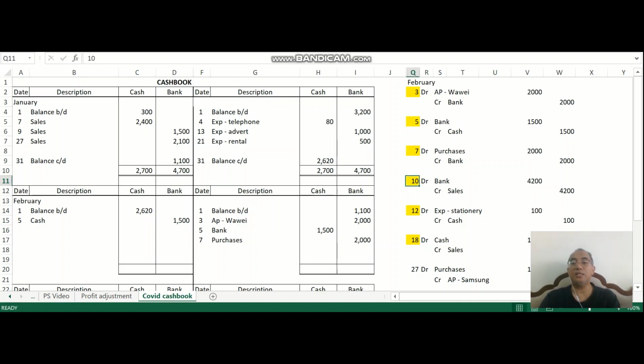Okay. 10th. Debit bank, credit sales. So I go to bank, debit. So debit bank. How much? 4,200. Here I put sales on the 10th.